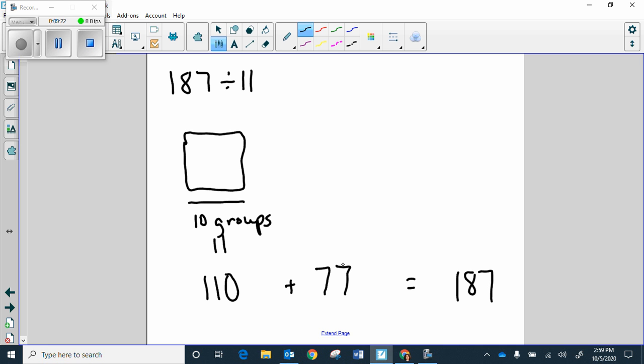Well, those of you that have your multiplication charts handy, you know very quickly that 77 is a number that plays nicely with 11. And you know that it is how many groups, scholars? That's right, 7 more. So we'll have 1, 2, 3, 4, 5, 6, 7 more groups of 11.